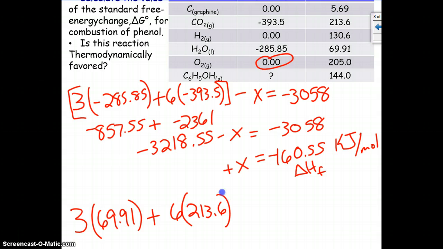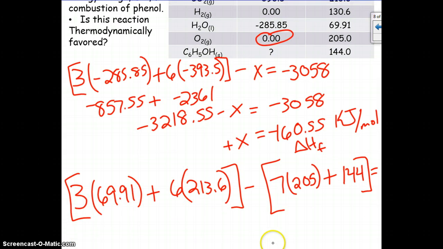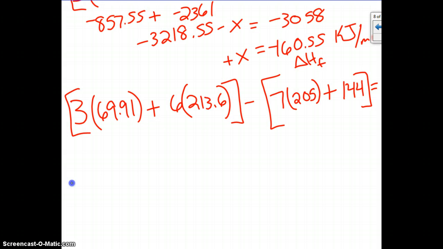All right, now remember that in entropy, O2 and diatomic elements do count. So we had 7 O2s, so that's 7 times 205, and then we had 1 phenol, so 144. And that should give us our delta S once we get all this worked out. So just getting our math simplified a little bit here, I'm getting this on my product side.